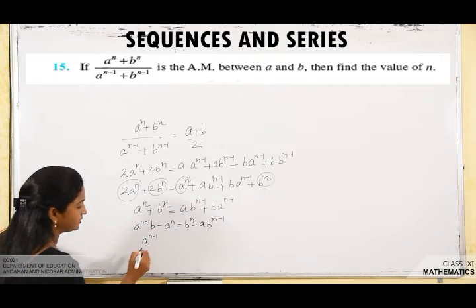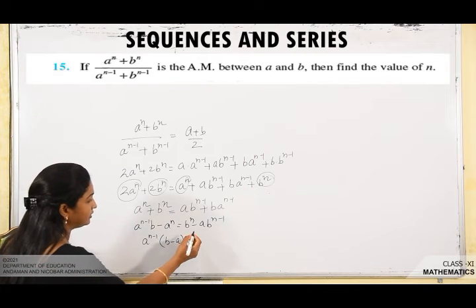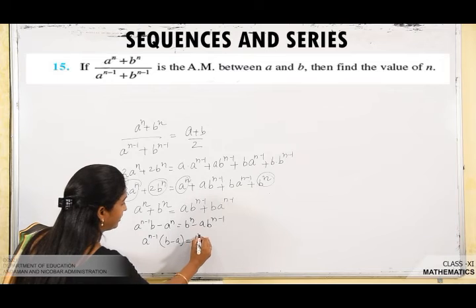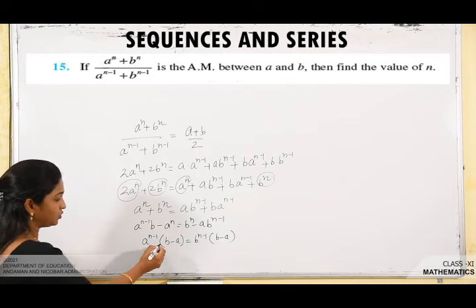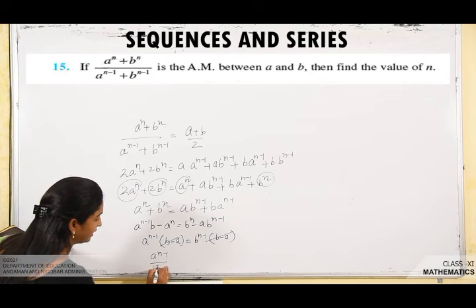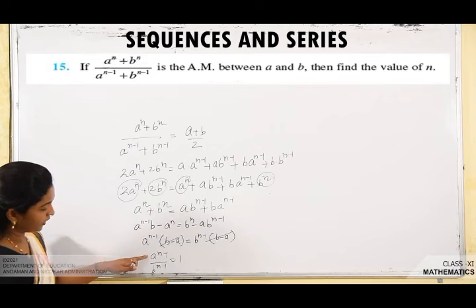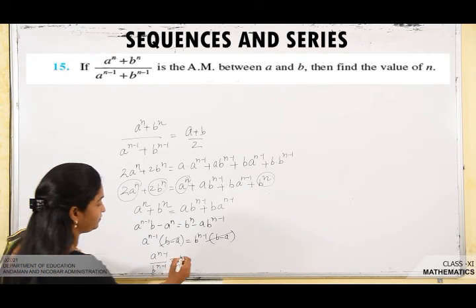If you take A to the power N minus 1 common, you get B minus A, and if you take B to the power N minus 1 common, you get B minus A here. So the 2 cancels out, and finally you are getting A to the power N minus 1 by B to the power N minus 1 is 1.